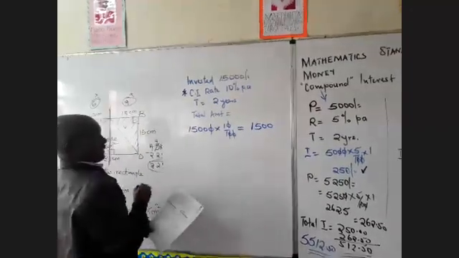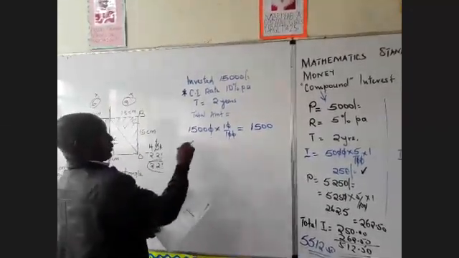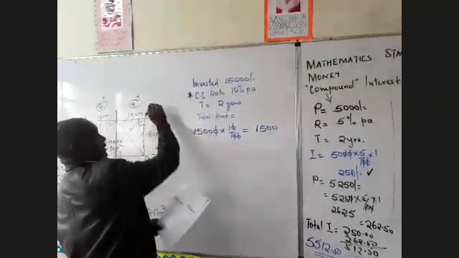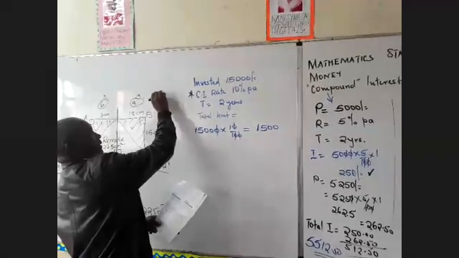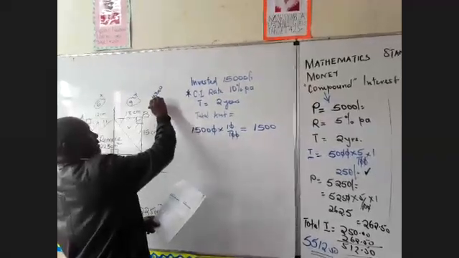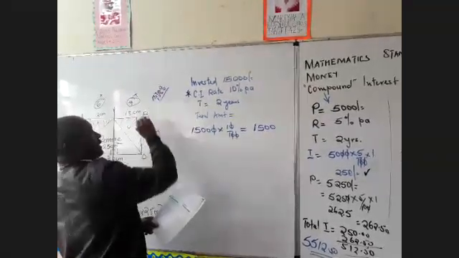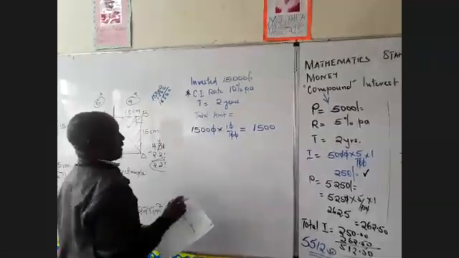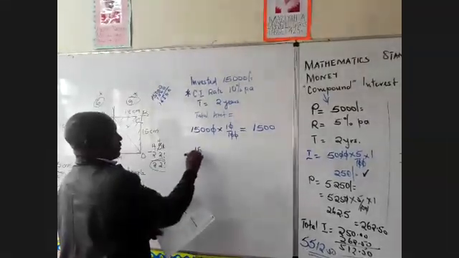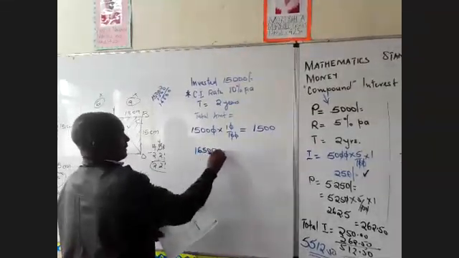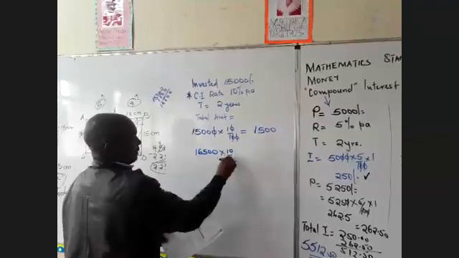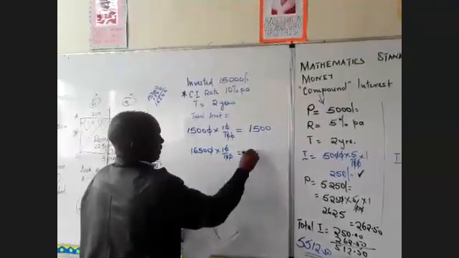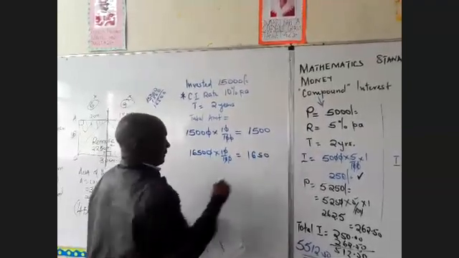That's the first year. Year two, we add the 1,500 to the 15,000. We are now adding the 1,500 to get the new principal of 16,500. So we say 16,500 times the 10%, so that now the interest for year two is 1,650.